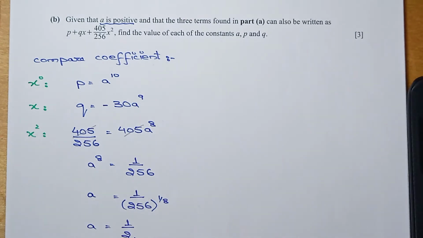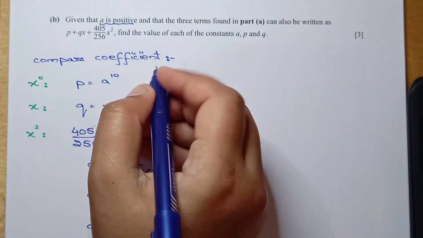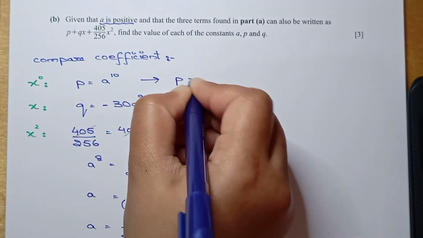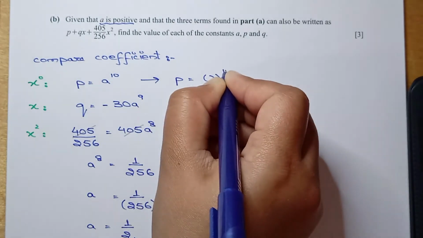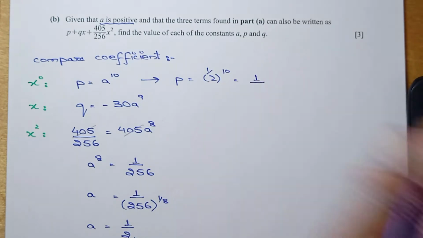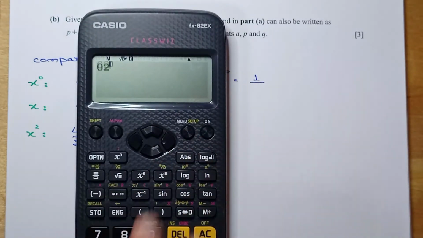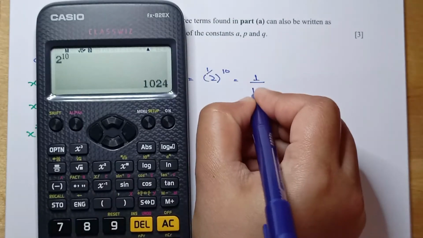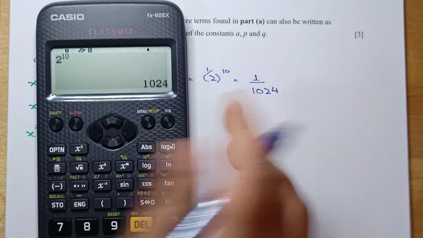So when a is 1 by 2, what is p? From here p is 1 by 2 power 10. So it is 1 over, what is 2 power 10? 2 power 10 is 1024. This is the value for p.